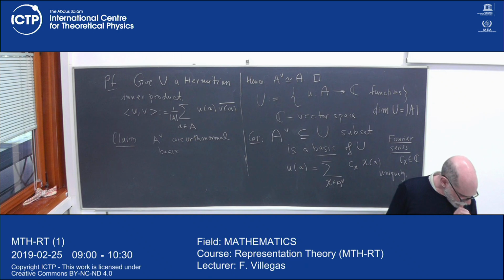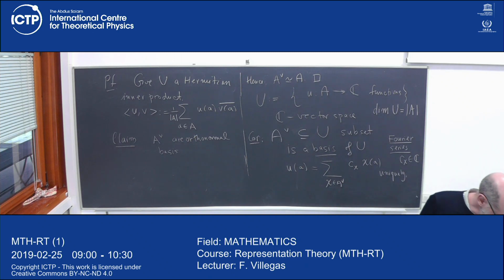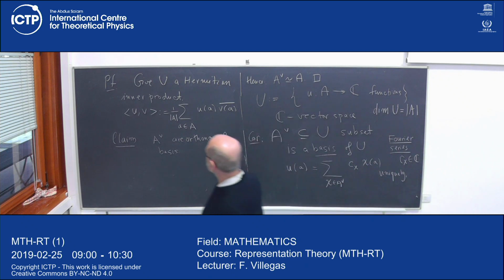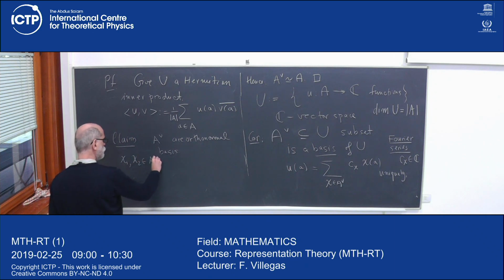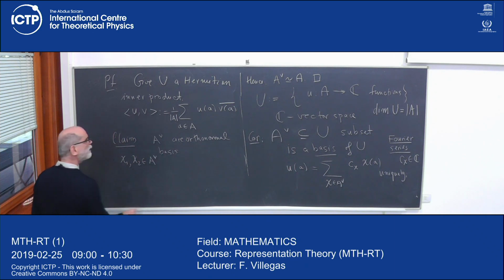So how do we show that these are orthonormal? Okay, well, let's just take chi1 and chi2, two characters. I think I never used that word before.